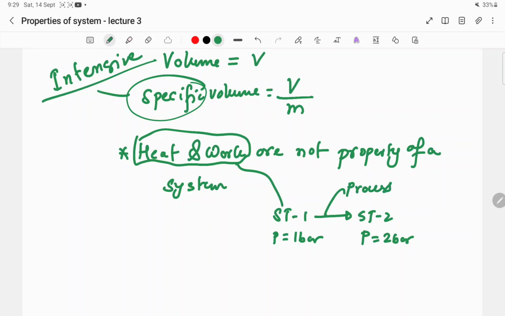Because the piston cylinder arrangement gives us mechanical energy. So since it is related to a process, heat and work cannot be a property of the system, rather they are functions, which we'll be discussing in later videos. For now they will be considered under the term process, but not as a property of the system.